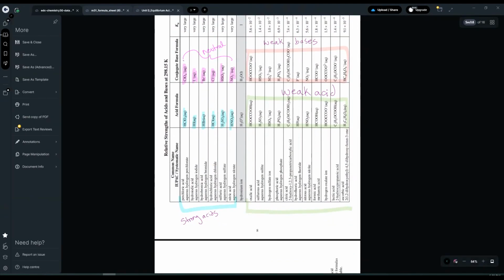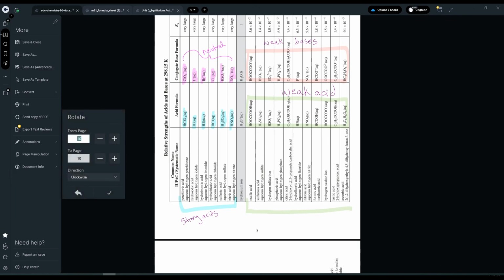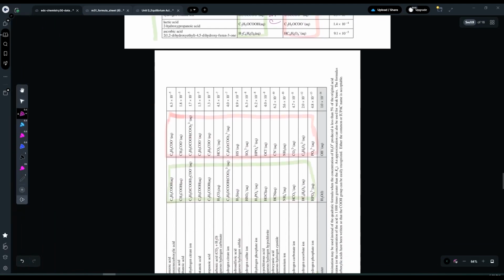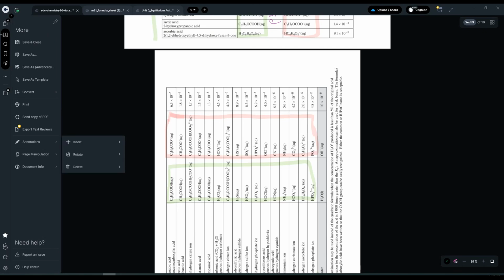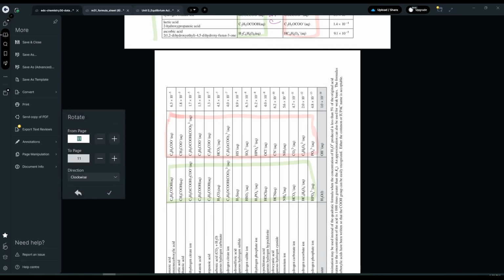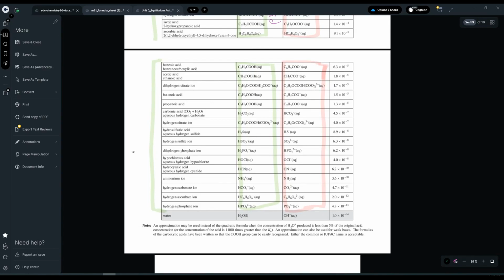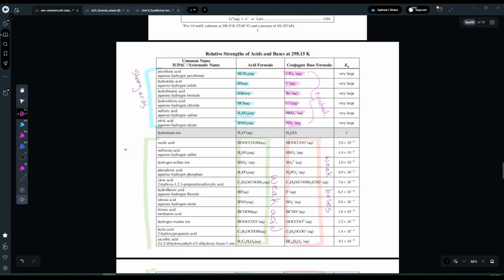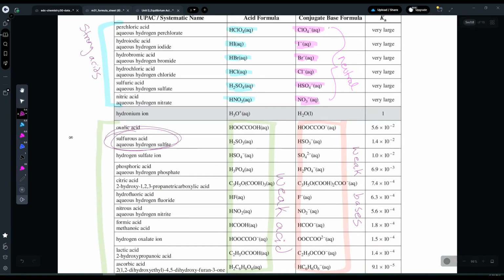So what I'm going to do is turn this so it's a little bit easier to read, and I'm also going to turn this one too. So sulfurous acid, I'm finding it right here.